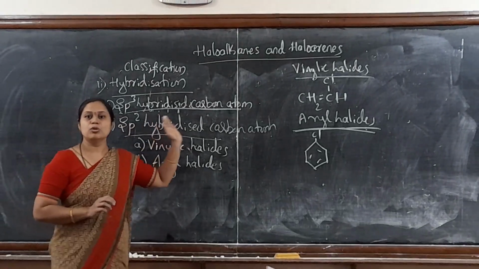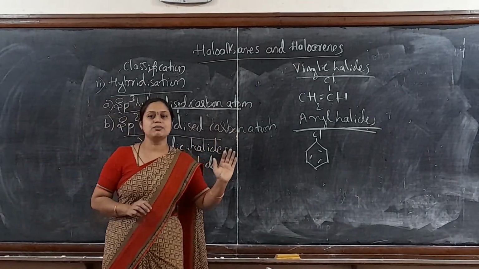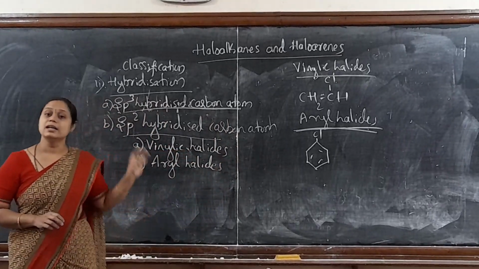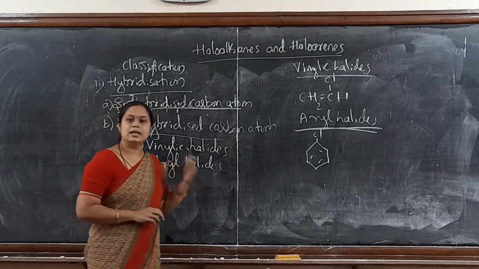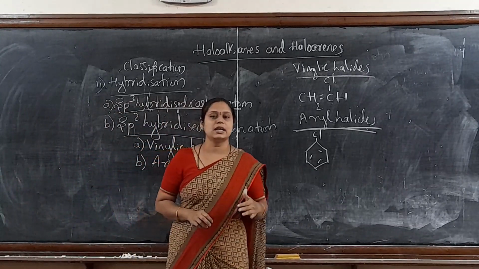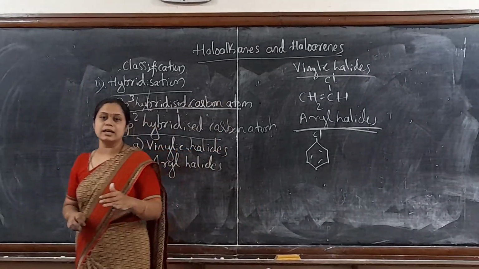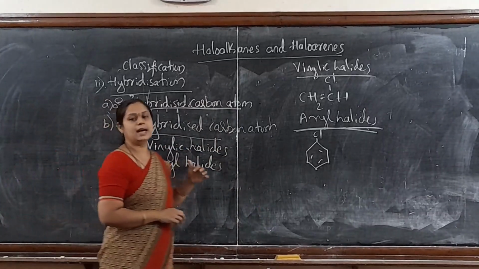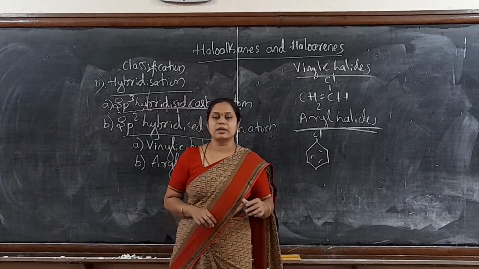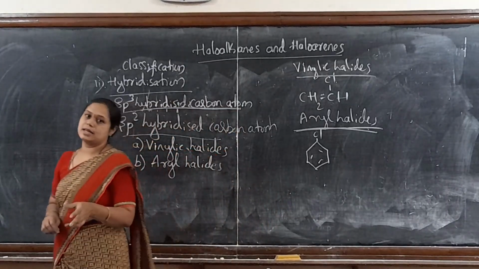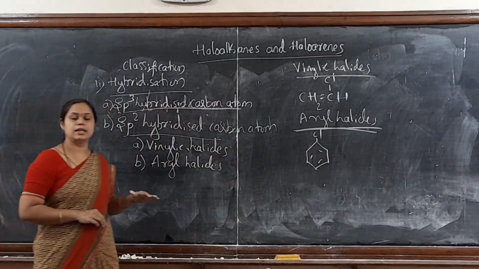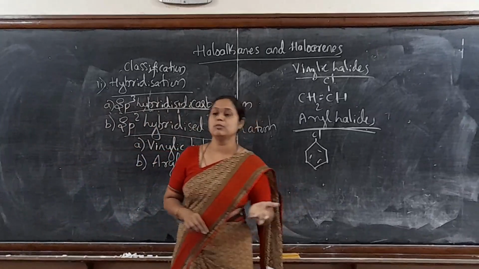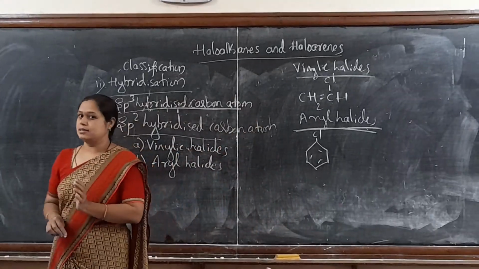The monohaloalkanes are classified into primary, secondary and tertiary alkyl halides depending upon whether the halogen atom is attached to a primary, secondary or tertiary carbon. Dihaloalkanes are classified into geminal halides and vicinal halides depending upon whether the halogen is attached to the same carbon atom or to the adjacent carbon.